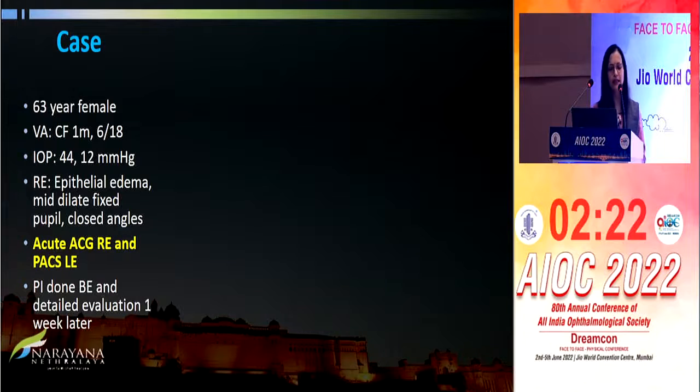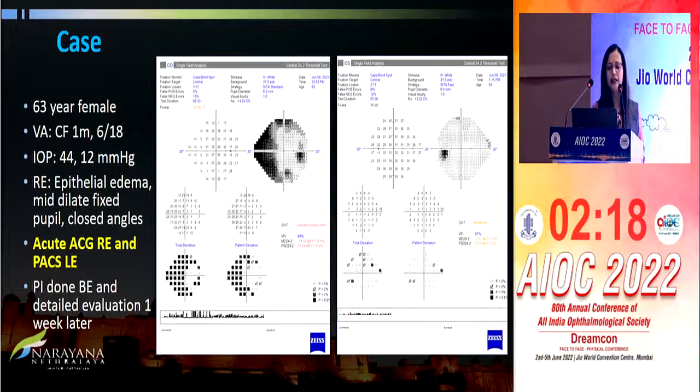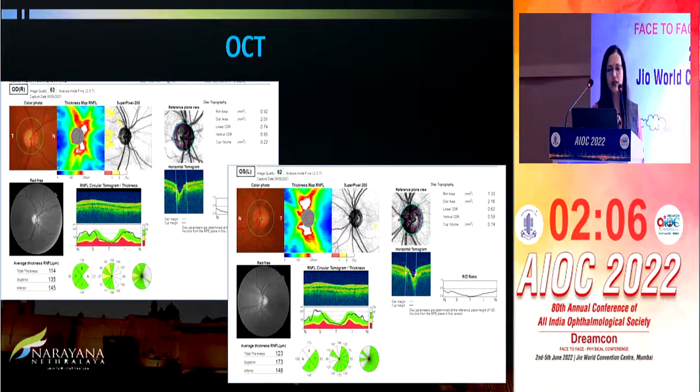Particularly in certain situations, like this patient who presented to us with acute ACG, we did the PI, and after the PI, we did the visual fields, and you can see the right eye is quite significantly affected as expected because the patient came with an acute attack. The left eye was more or less normal. In these situations, sometimes RNFL can be misleading because you can see the RNFL maps are actually showing higher thickness.